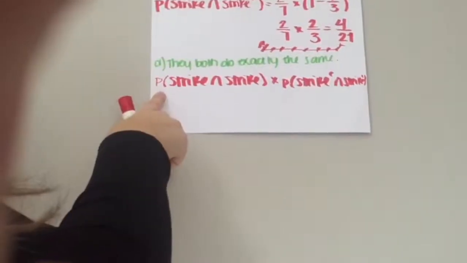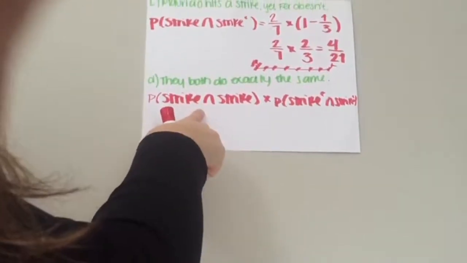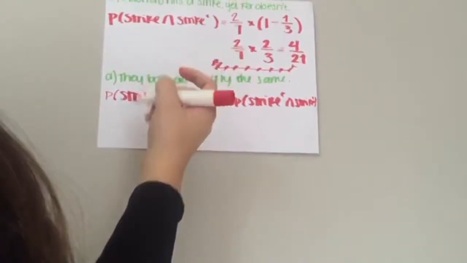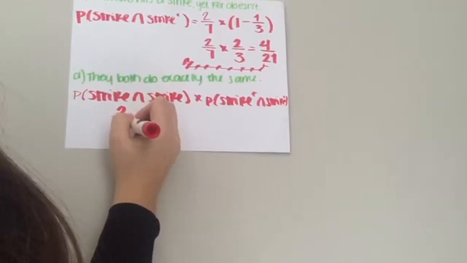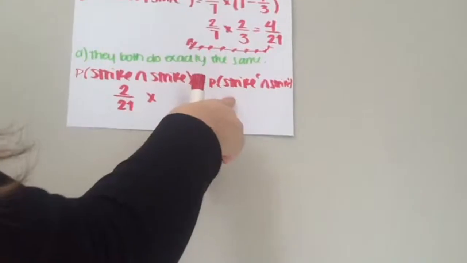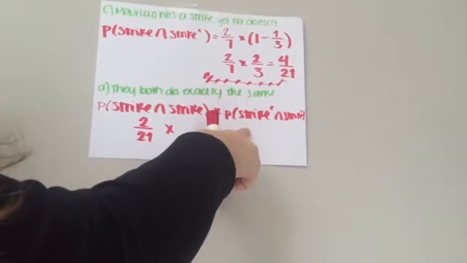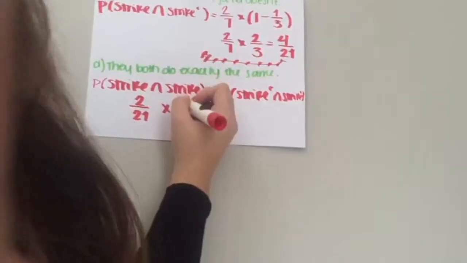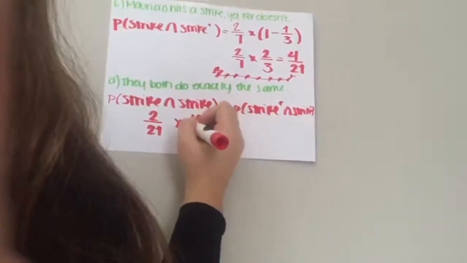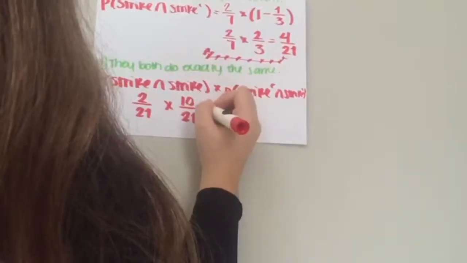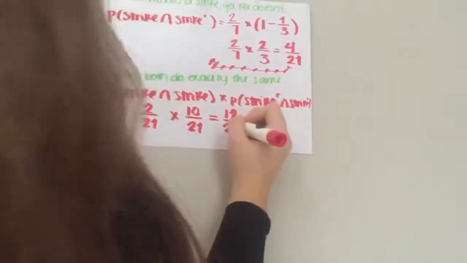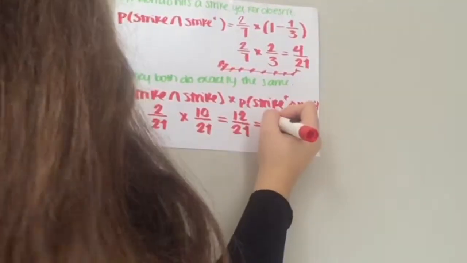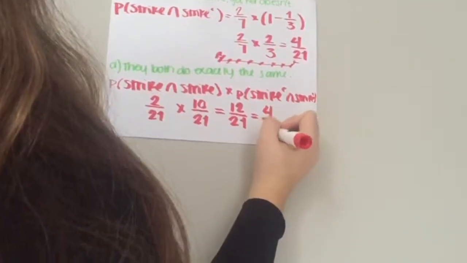So in here, the probability that they both hit a strike, we already did it. It's letter A, so it's 2 out of 21 times the probability that neither of them gets a strike, that is letter B, that is 10 out of 21. We multiply them and it will be 12 out of 21, which can then be simplified to 4 out of 7.